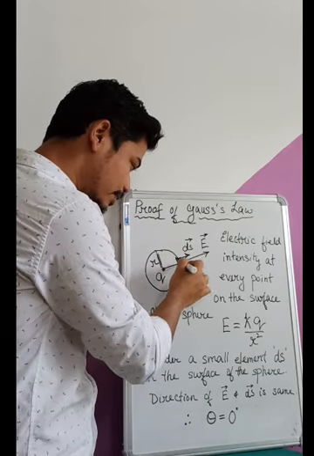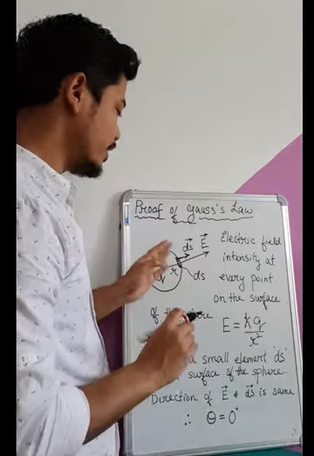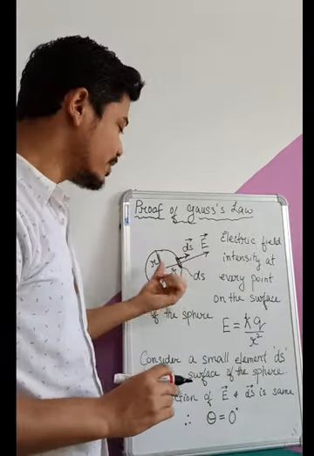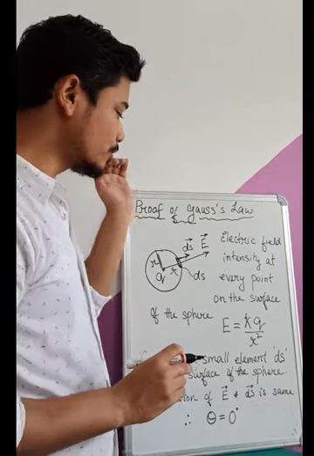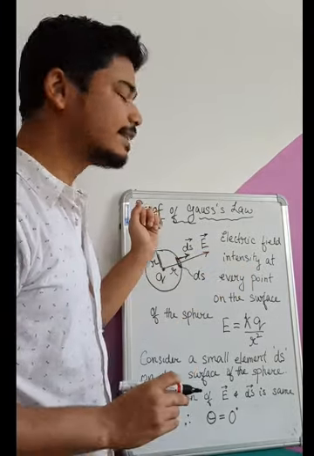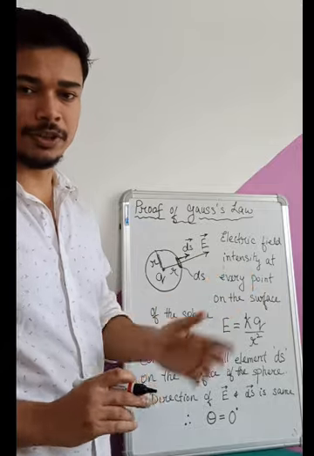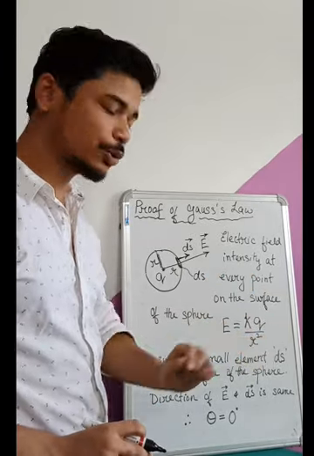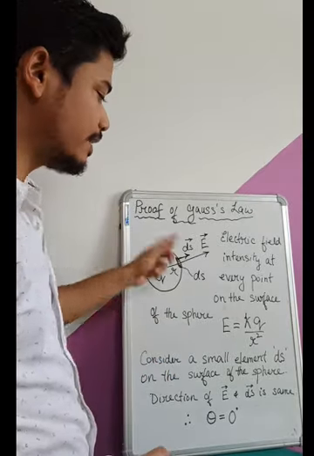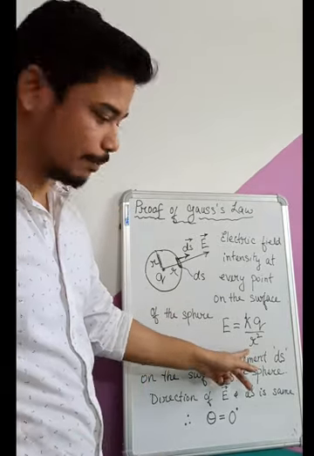So every point is at a distance r from the center of the sphere, and at the center there is a charge q. Therefore the electric field intensity at every point on the surface is E equal to kq divided by r square, where q is the charge and r is the radius of the sphere.